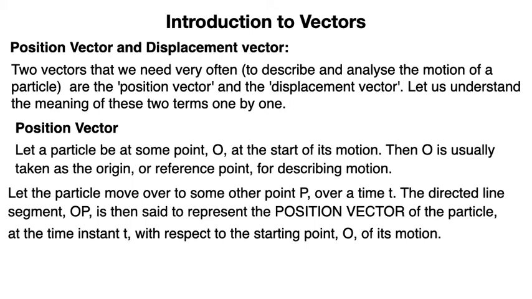The directed line segment OP is then said to represent the position vector of the particle at time t with respect to the starting point O of its motion. So this is position vector from origin or from point of reference to the final point. Here remember, the particle started from the reference point.